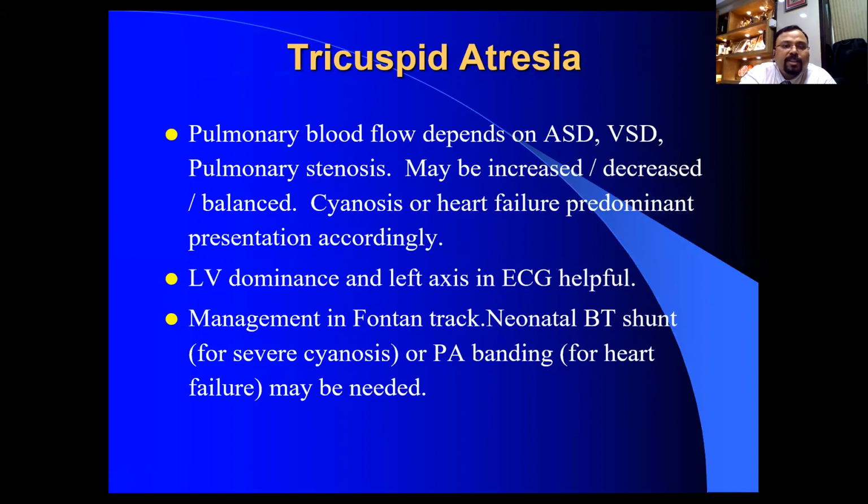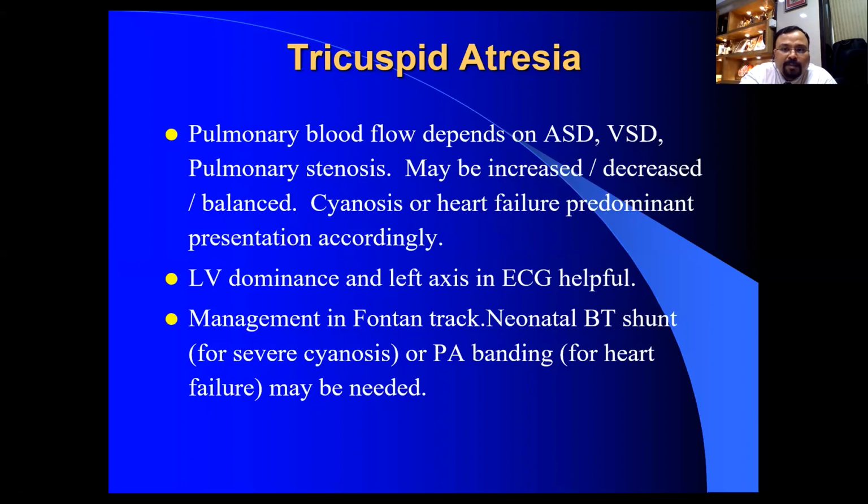If tricuspid atresia is associated with decreased pulmonary blood flow, they will present with cyanosis, TOF-like complaints. And if associated with increased pulmonary blood flow, they will present with heart failure, a predominant presentation like VSD or PDA. In ECG, you will see LV dominance and left axis deviation.